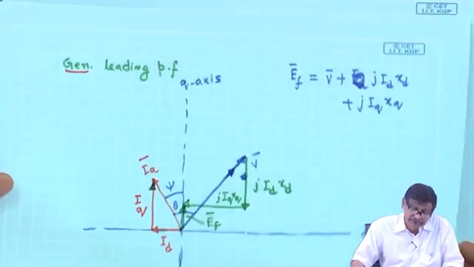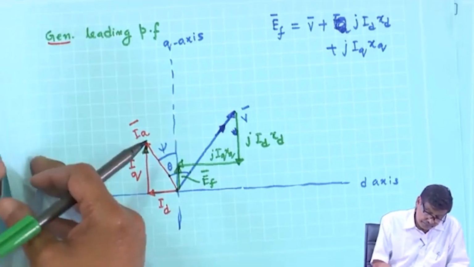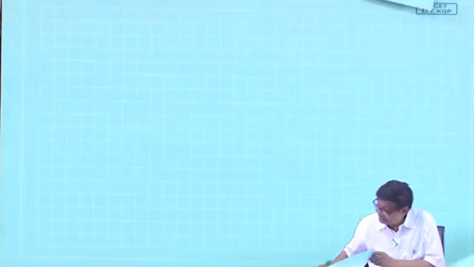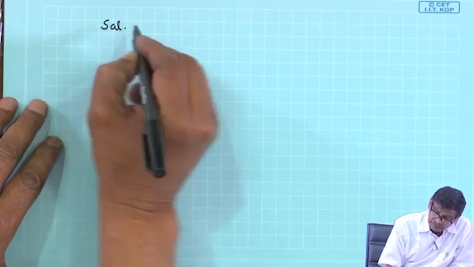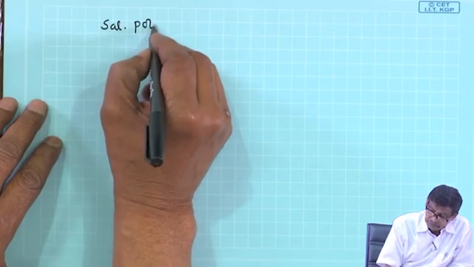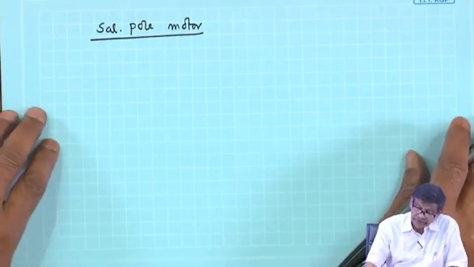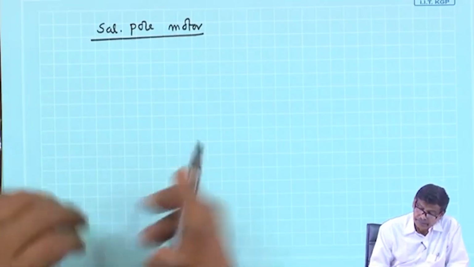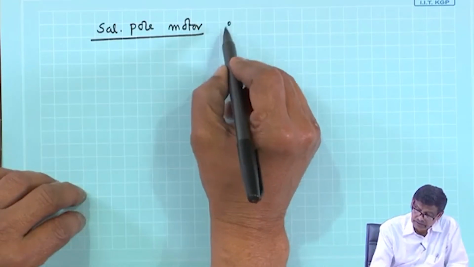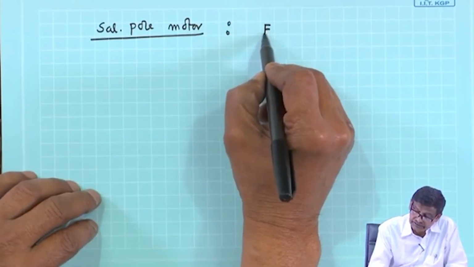Now, let us do the same thing for motor mode. So, let us assume a salient pole motor. In a salient pole motor, first of all, because of reversal of the direction of armature current, we know this is true.